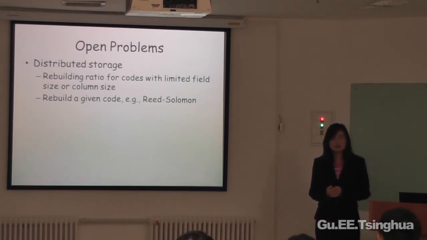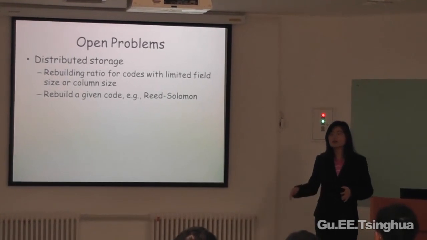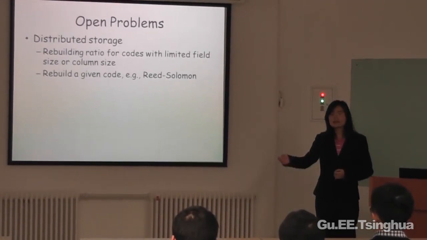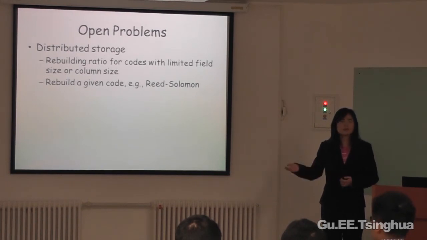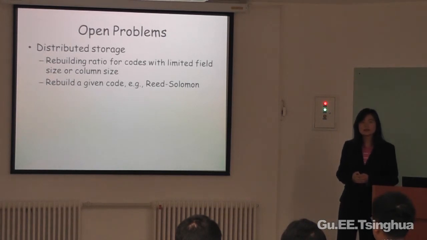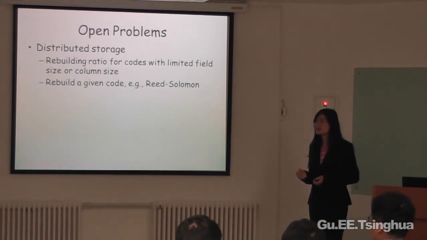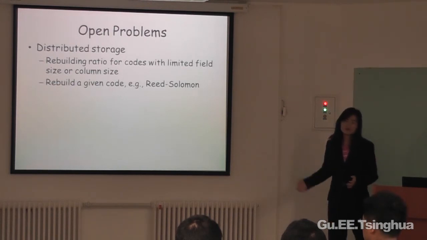For example, in Facebook, the rebuilding traffic takes up about 30% of all the traffic in their storage cluster. So you would think that they get information from users and send information to the users. That would be a lot of traffic. But actually no, because they use Reed-Solomon code and they don't have a good rebuilding strategy, they actually need to pay 30% of the entire traffic for rebuilding only.